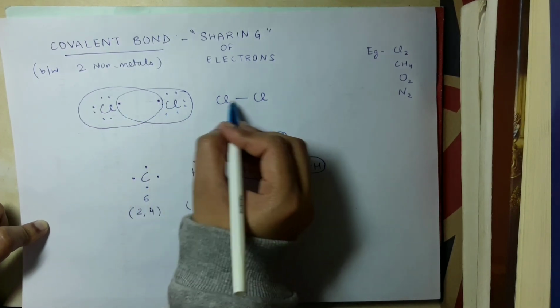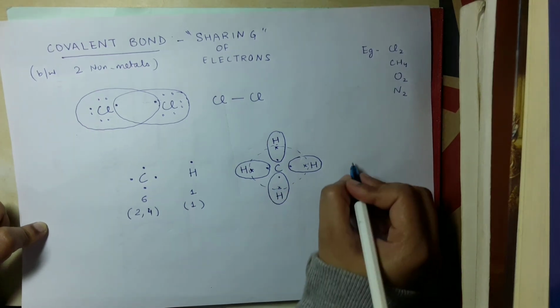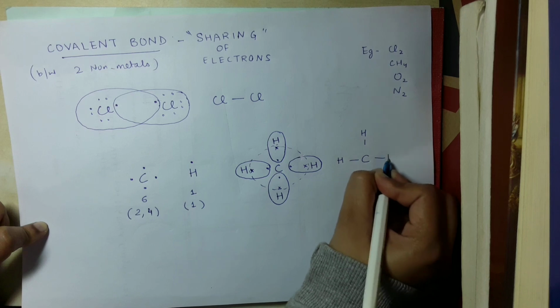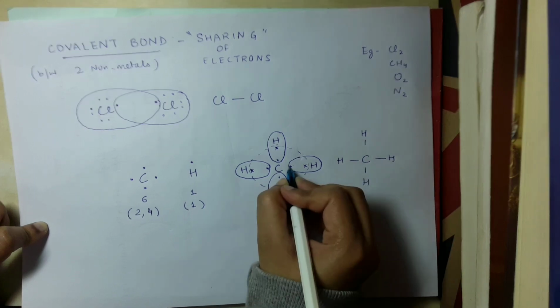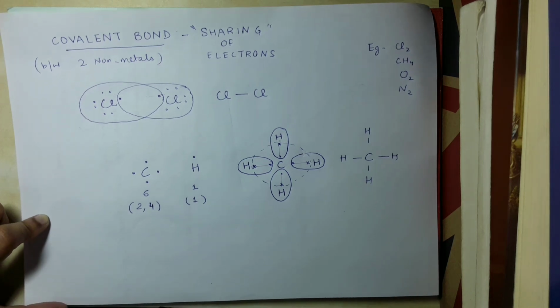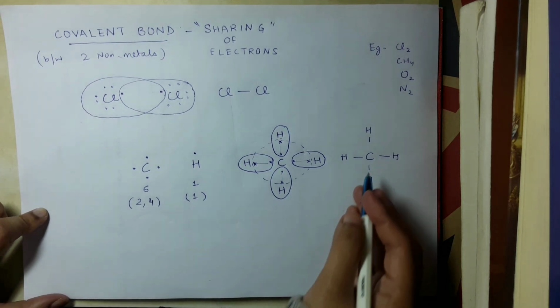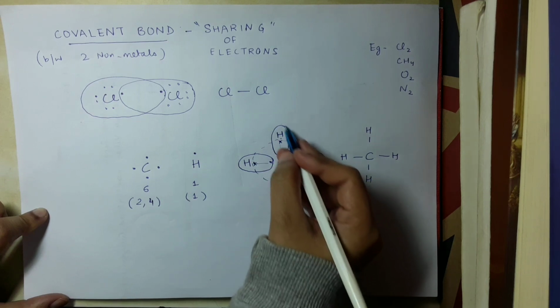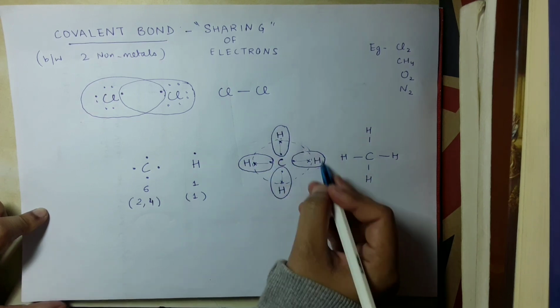So it will become C, single bond, H, like this. This is actually joined like this. So now in this case, you can see that C also got 8 electrons and becomes stable. Each H gets 2 electrons, and they also become stable.